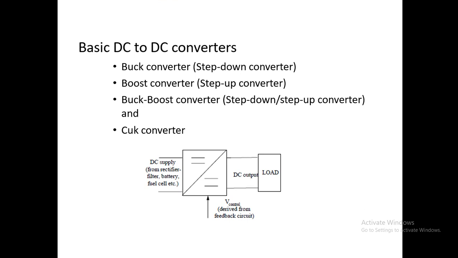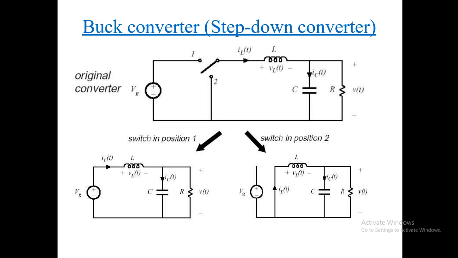In this video we are going to see only two: the first one, the step down converter, and the second one, the step up converter. We will see them one by one. Now the buck converter. The configuration of the buck converter is like this. It is the original converter. There is one switch.